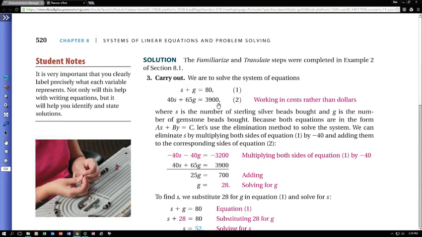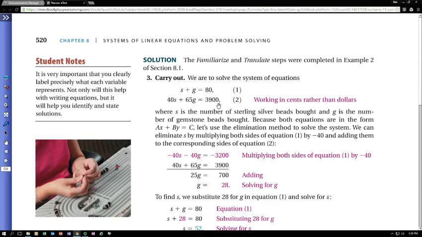So we decide which strategy we are going to use. Are we going to use substitution or elimination to solve this system? And usually when things are in standard form, which means that the variables are on one side of the equal sign, you can use the elimination method, which is the addition principle applied in a special way for these two equations.